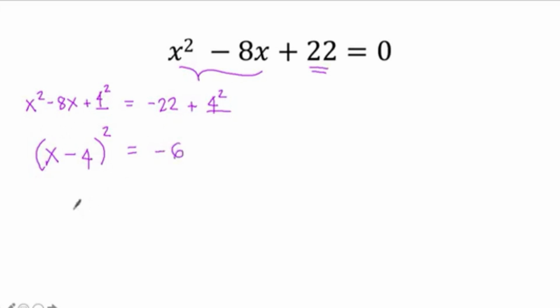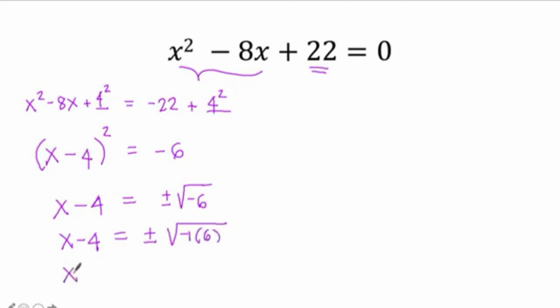And then apply the square root property. We take the square root of both sides to get x minus 4 equals plus or minus the square root of negative 6. Notice that you have now the square root of a negative number, which is an imaginary number. So we can rewrite this as x minus 4 equals plus or minus the square root of negative 1 times 6, which we can rewrite further as plus or minus the square root of negative 1 times the square root of 6.